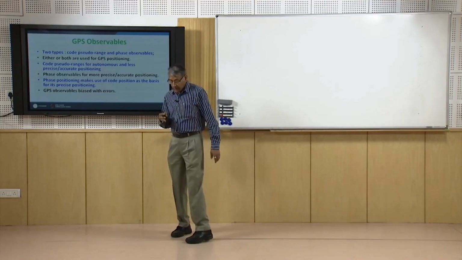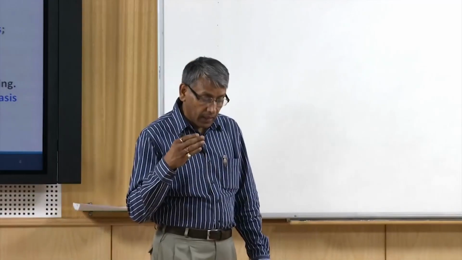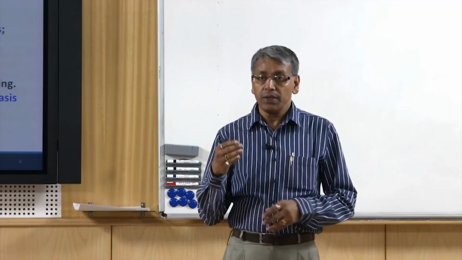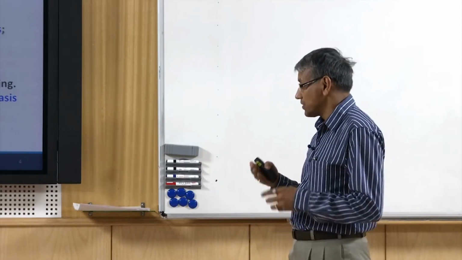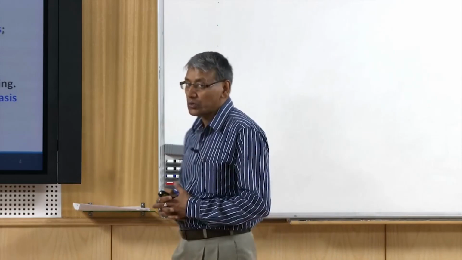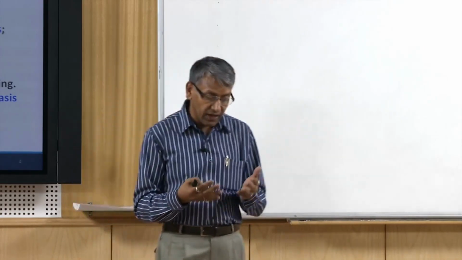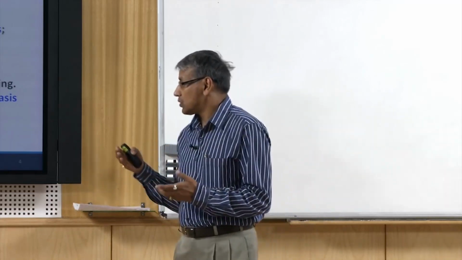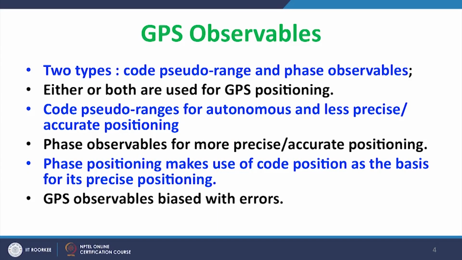Now the code pseudo range is always the first parameter used to find the position of a GPS receiver, and that is quite approximate. That is the first thing we need to determine, and subsequently, for precise estimation of position, we need to make use of phase observables.